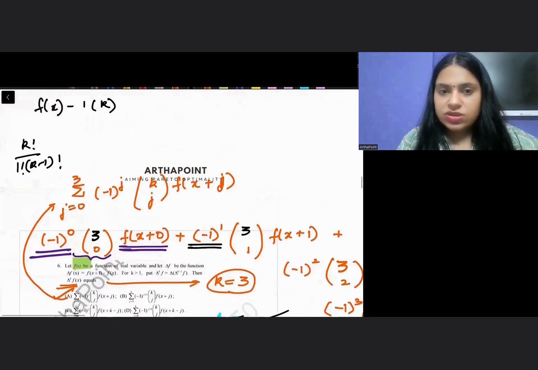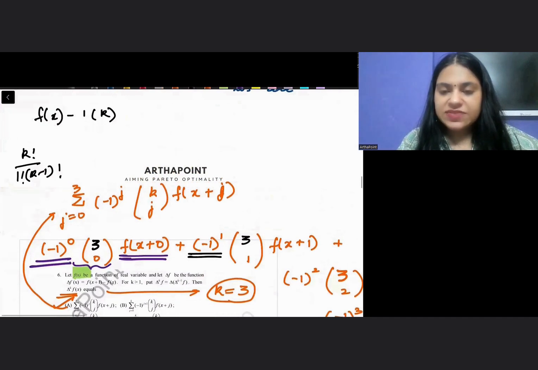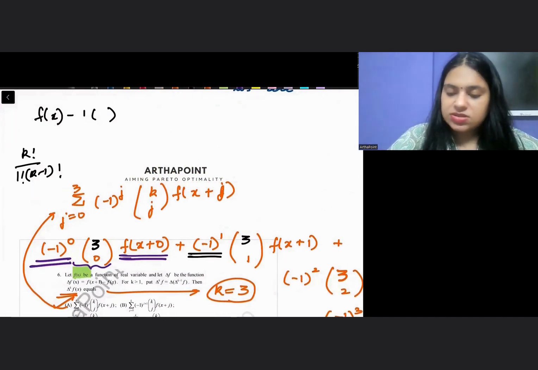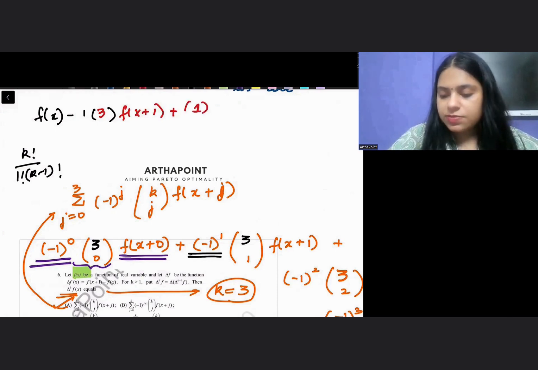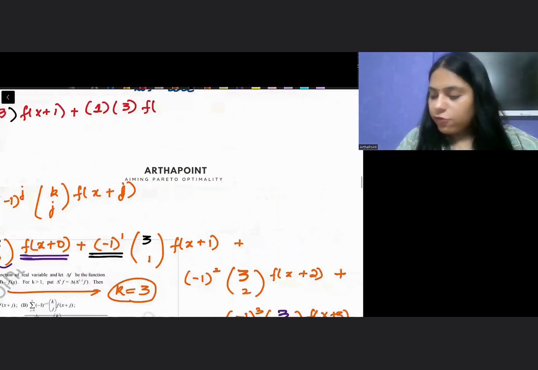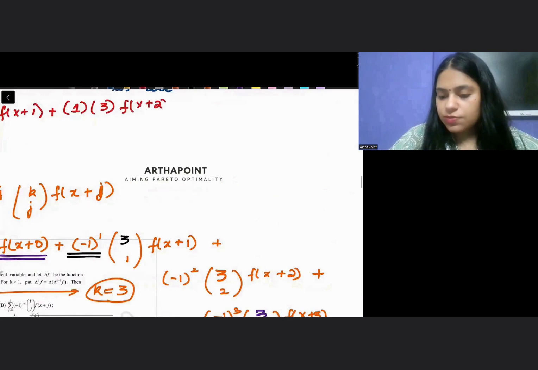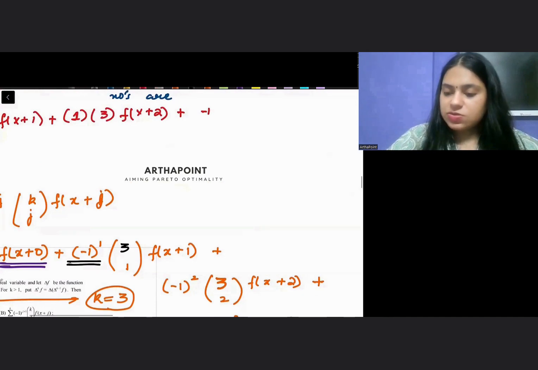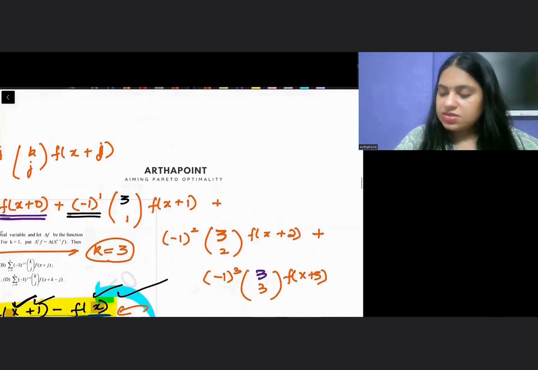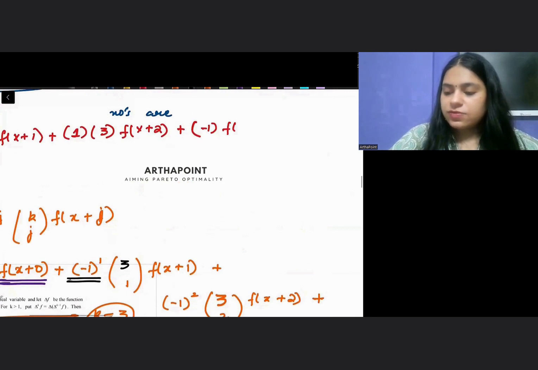Look at the second term now. So 3C1 gives me 3, since k is 3, times f of x plus 1. And then plus minus 1 squared is 1 into 3C2, which again gives me 3, times f of x plus 2. And then plus minus 1 to the power 3 will be minus 1, and then 3C3 is 1, times f of x plus 3.